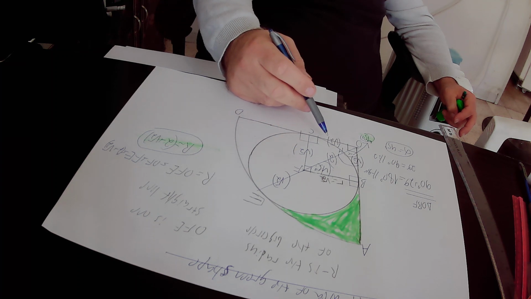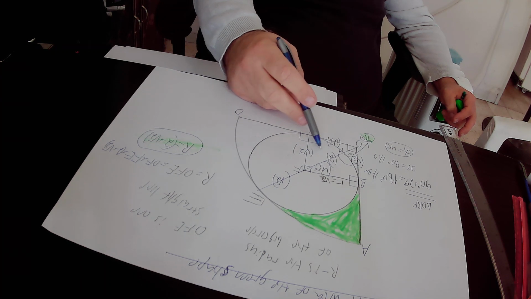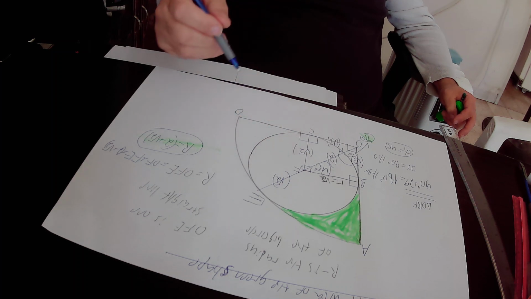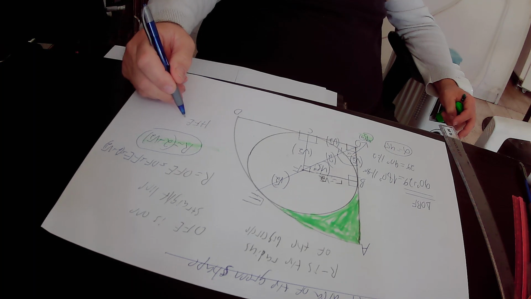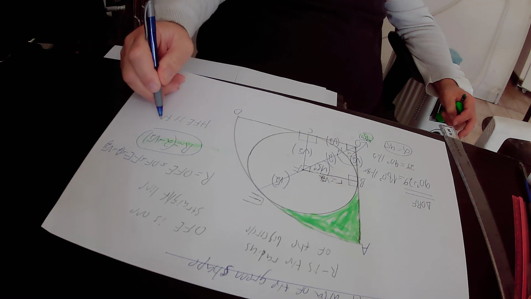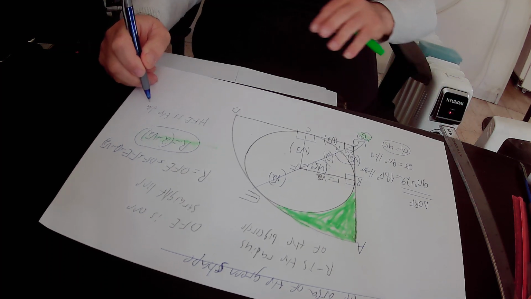We know that any chord that passes through the center of a circle must be the diameter of the circle. So HFE is the diameter of the small circle. Write it down. Line segment HFE is the diameter of the small circle.